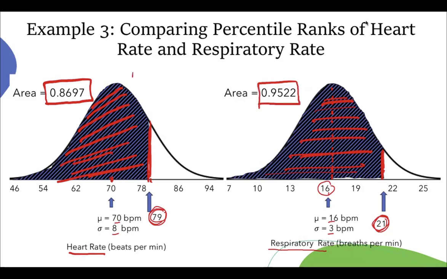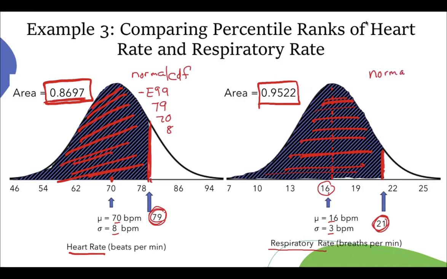I'm not going to go to the calculator, but at this point, we've done it a few times. You use normal CDF. Your lower is the left bound, which is negative infinity. Your upper is 79. The mean is 70, and the standard deviation is 8. And the answer comes out to be 0.8697.